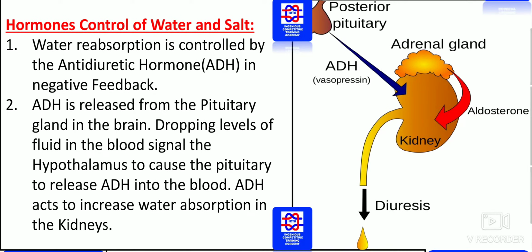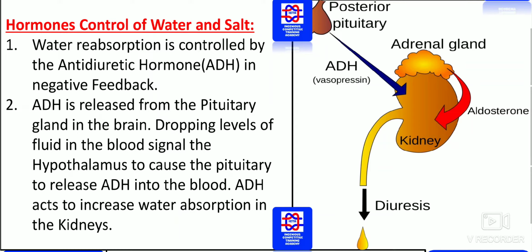Hormone control of water and salt. Here is how the hormones are controlled. Water reabsorption is controlled by the anti-diuretic hormone in negative feedback. ADH is released from the pituitary gland in the brain.